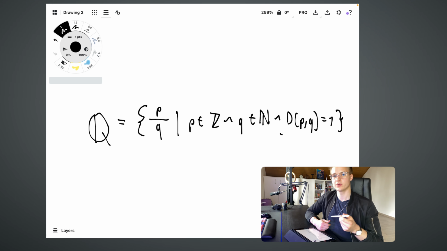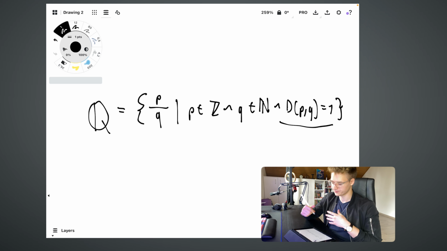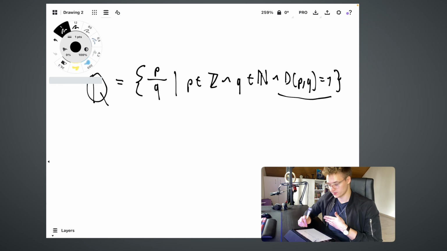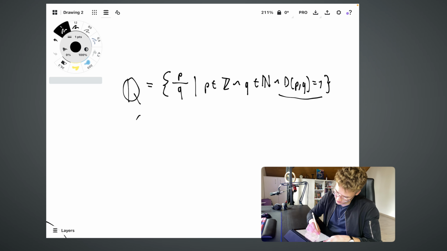In college, we would actually form them using equivalence classes, but here we will just use this extra condition so that it has to be a reduced fraction. Okay, so what does this basically mean? Well, we have another operation, which is basically just division. We have the same one, addition.